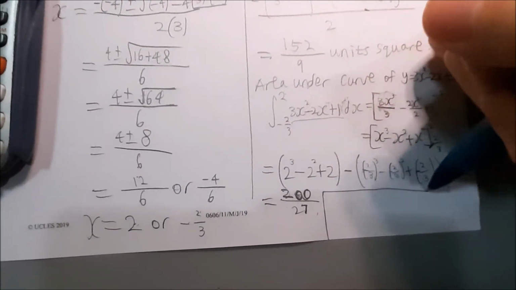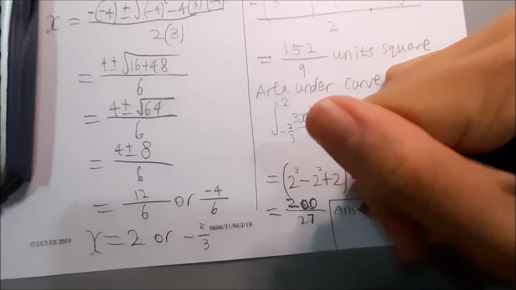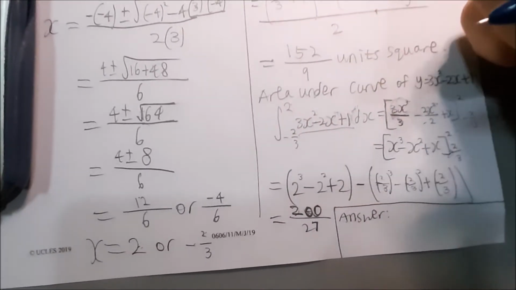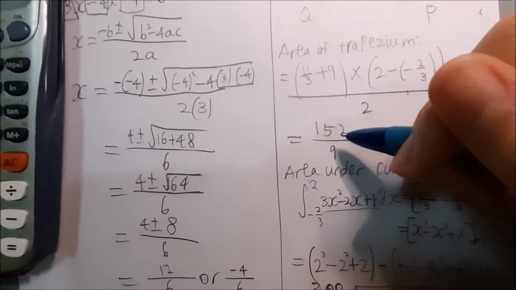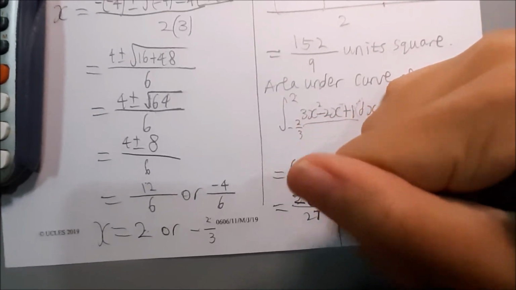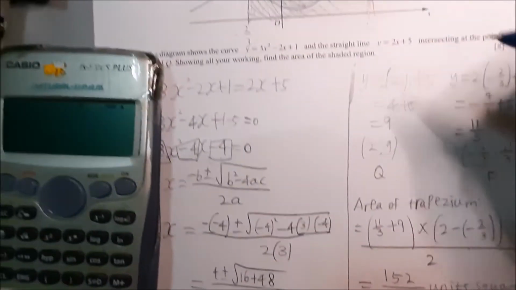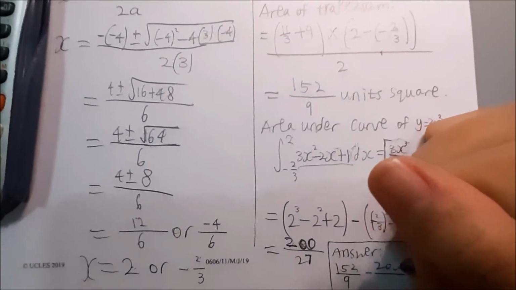So if I write everything down here, the answer would be the area of the trapezium, which we got as 152 over 9, minus the area under the curve, which is 200 over 27.